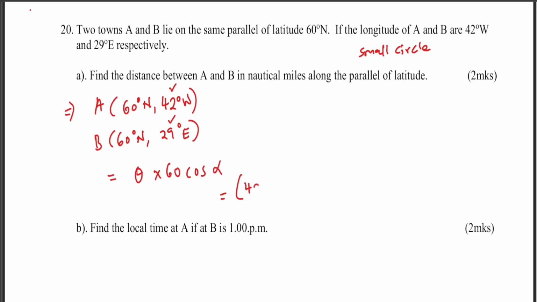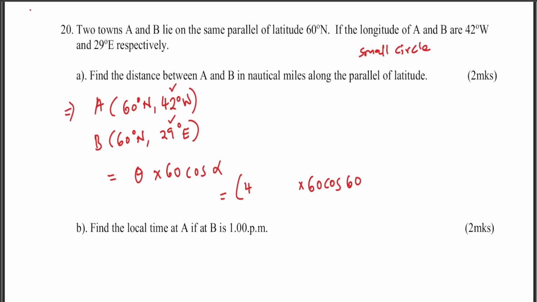So 42 plus 29, then multiply by 60, then cos of the latitude, which is 60 degrees north. We don't write the north. So 42 plus 29 gives you 71.